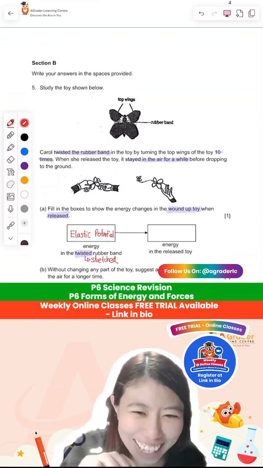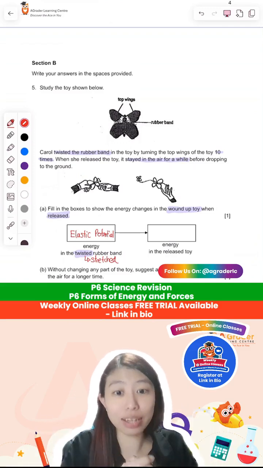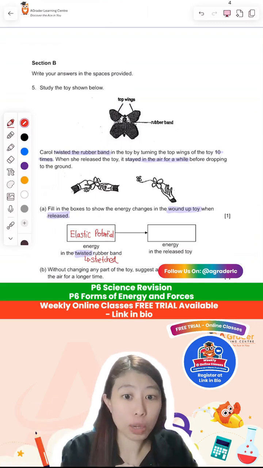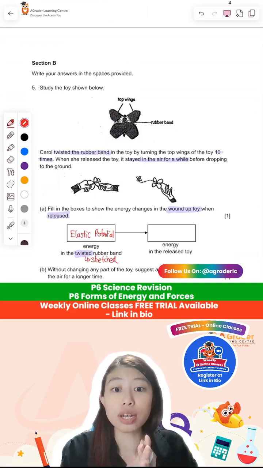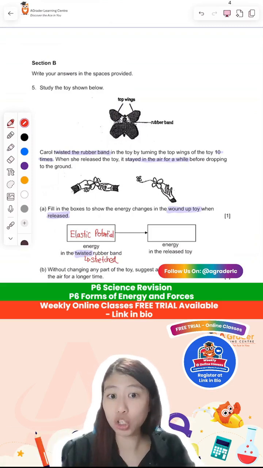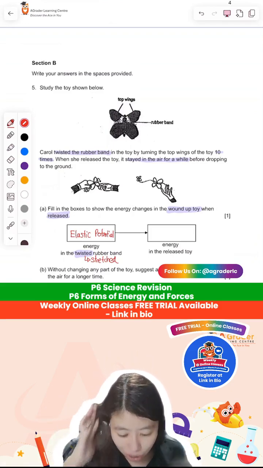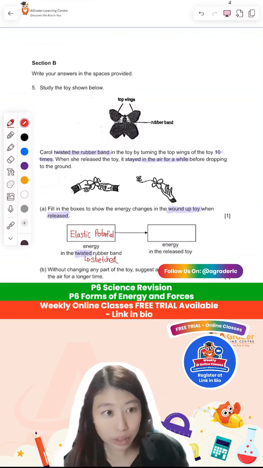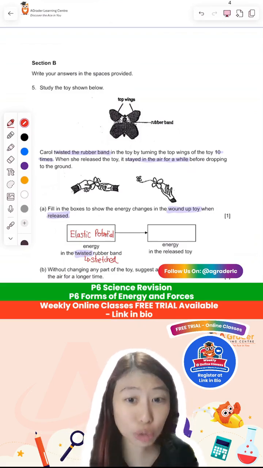Take note, in PSLE, the word elastic is actually not required, as long as you mention potential energy it is good enough. But I know some of your school teachers will expect you to write down the specific potential energy, so follow your school teacher. If you write the correct potential energy, you won't get penalized. They will not give you such a huge clue.